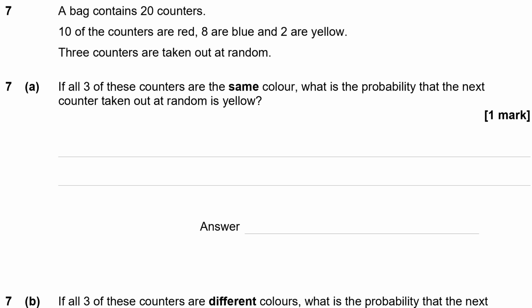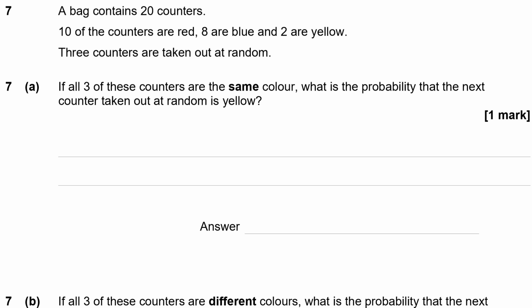Now, if 3 selections have been made and they were all the same colour, then they couldn't have been yellow because there are only 2 yellow ones to select, so you can't have picked 3 yellow ones out. So that implies that either it was 3 reds or 3 blues that were selected. Now, in terms of this problem, we're just interested in yellow or not yellow. So there are 2 yellow counters in the bag.